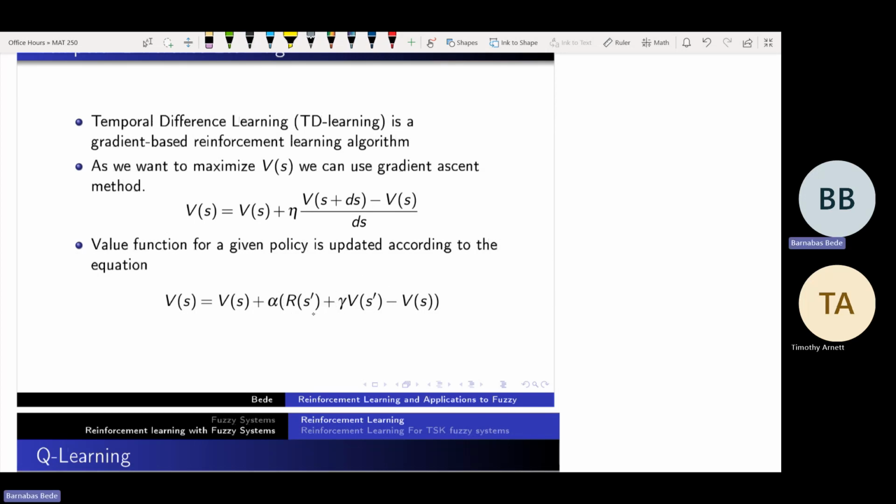So you get the reward from your next action, and V of S prime is basically an approximation, because you get the reward plus a discounted future reward of V of S prime. So this is basically V of S plus dS. And these are just constants, eta and dS, so we combine them into a parameter alpha of the system.